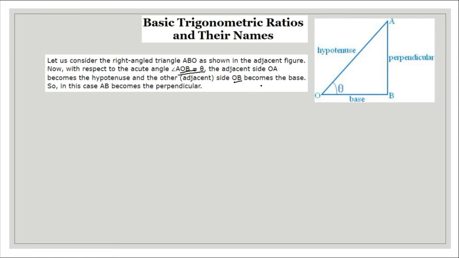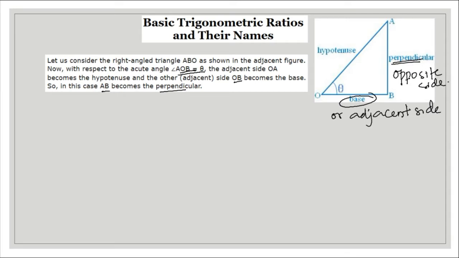It becomes the base, and AB is the perpendicular. We call this the base or adjacent side. And this perpendicular is the opposite side. We are going to define 6 basic trigonometric ratios. These are the ratios of the sides with respect to the angles.